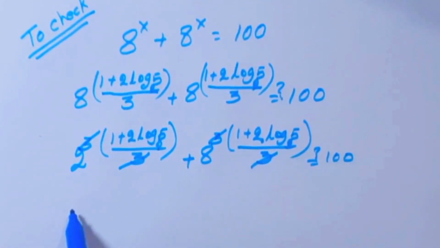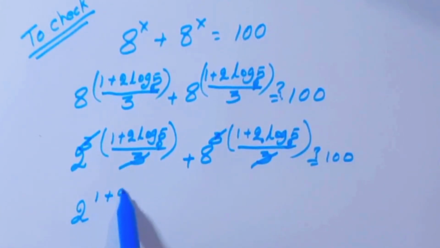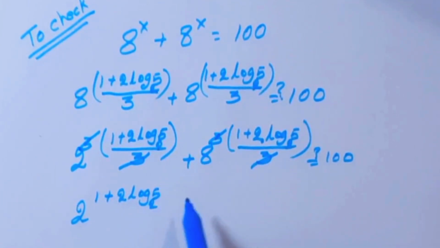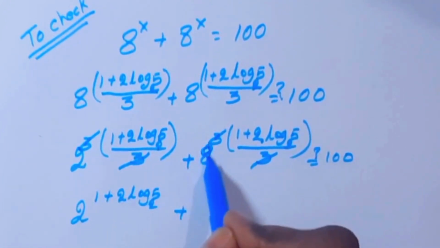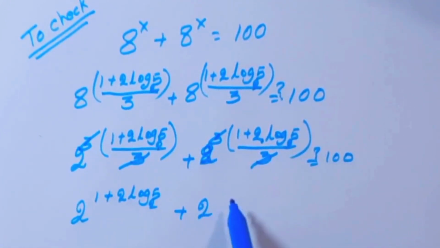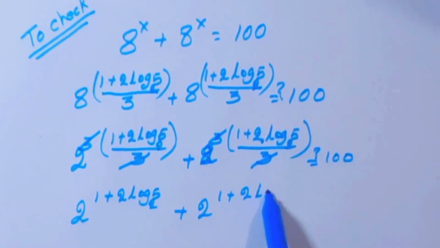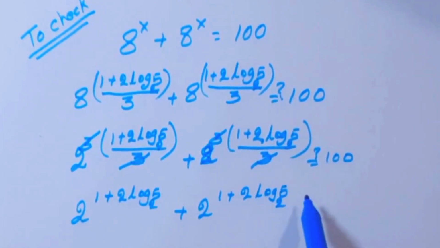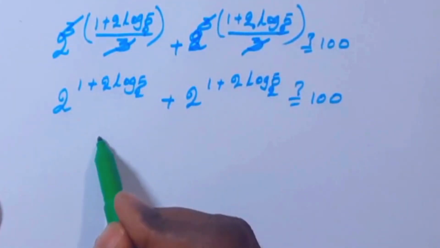So 2 power 1 plus 2 log 5 base 2, plus 2 power 1 plus 2 log 5 base 2, equal to 100.